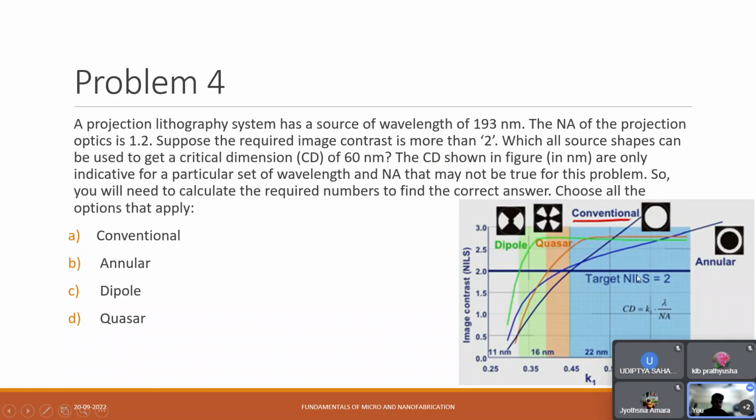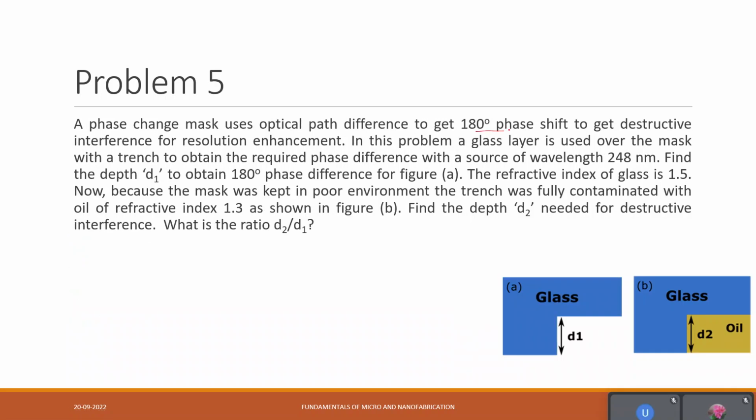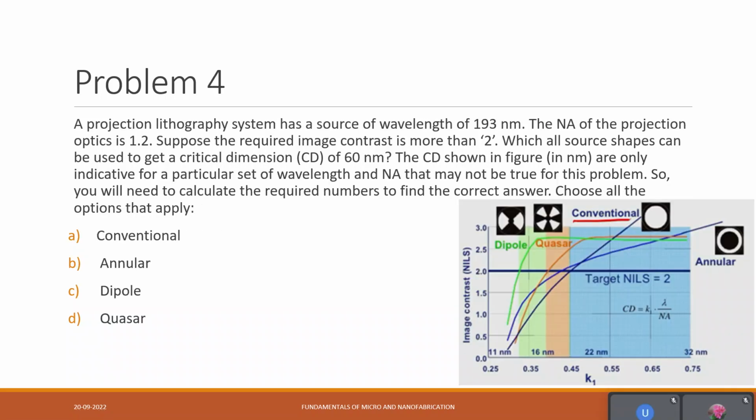So here we have that in projection lithography we have a source of 193 nanometer, and the numerical aperture of the projection optics is 1.2. Suppose the required image contrast is more than 2.